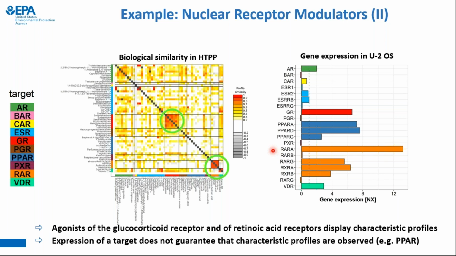But the fact that a gene is expressed does not guarantee that we see a characteristic profile. For example, we have the PPARs here. They are obviously expressed in U2OS cells, and yet we did not get any characteristic profiles for these modulators.